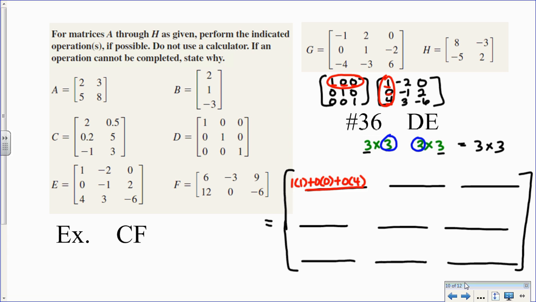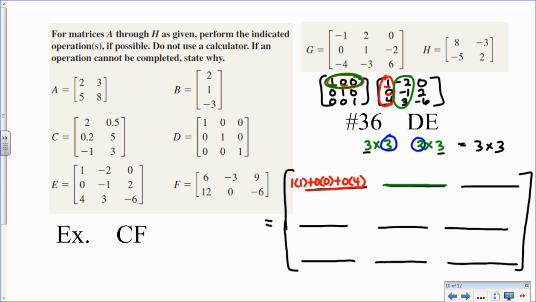So now for this one, that's the top row, middle column. First row, second column. Okay, and then again, I'm going to take the left and the top first.